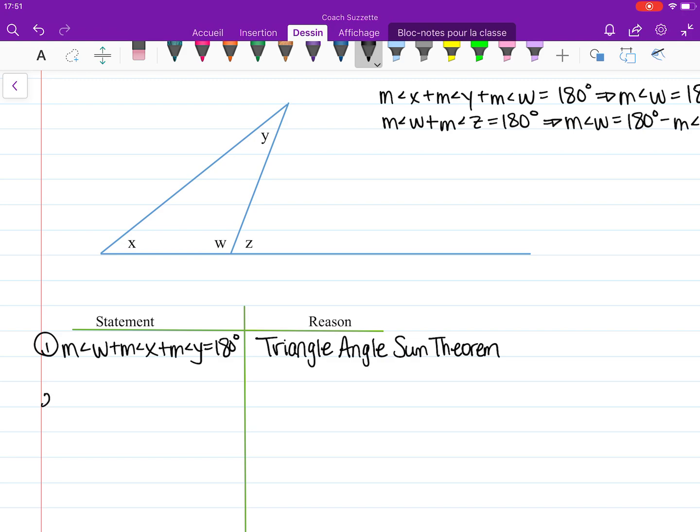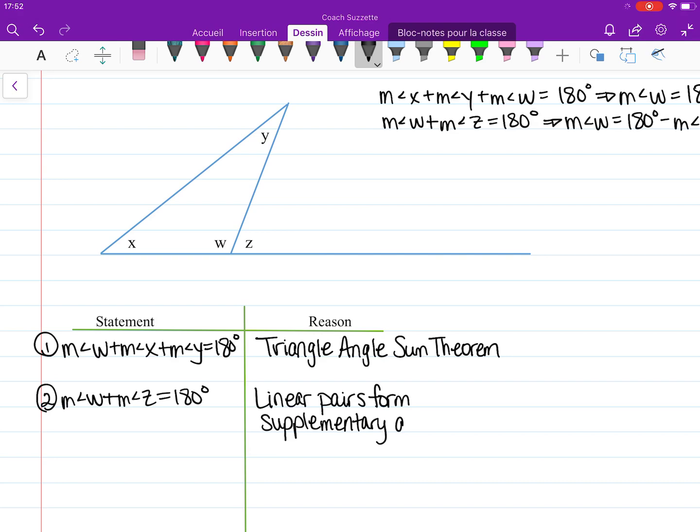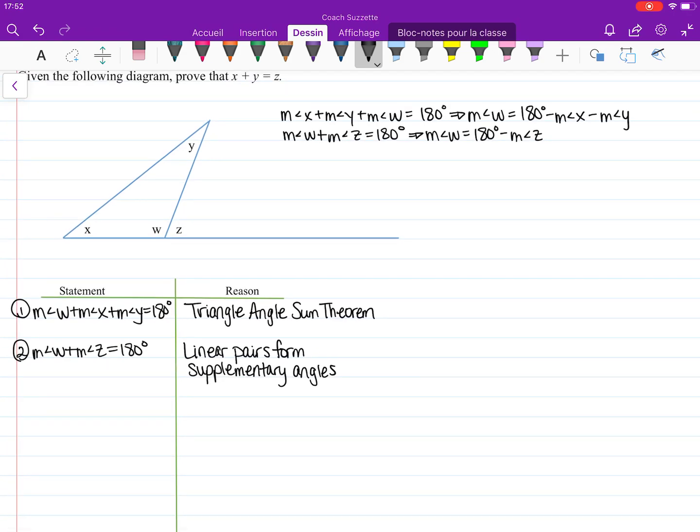And then what? Oh, we also saw this. We know that's true. Measure of angle W plus the measure of angle Z equals 180 degrees because linear pairs form supplementary angles. And then what did we do?